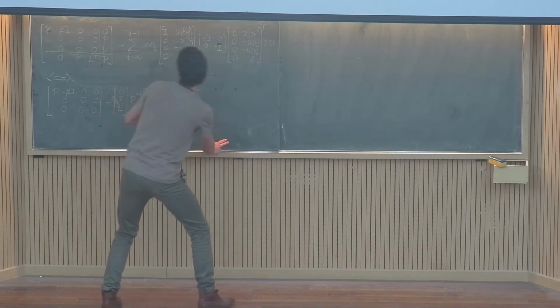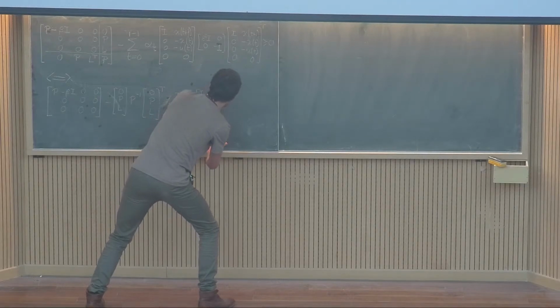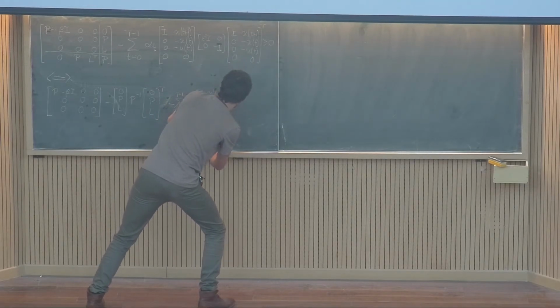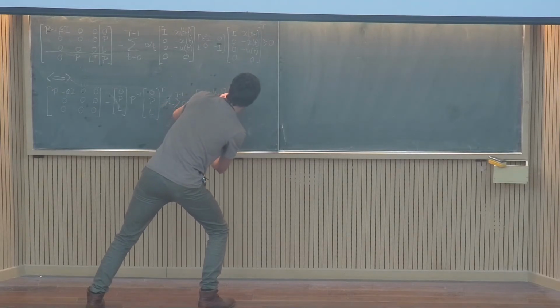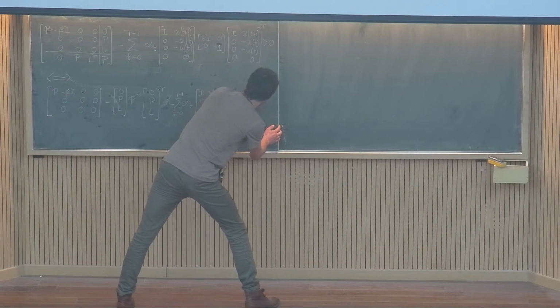The 0 blocks drop, so I get identity, x_{t+1}, 0, minus x_t, 0, minus u_t, this middle matrix, epsilon squared identity, 0, 0, minus 1, and a transpose of the matrix on the left.